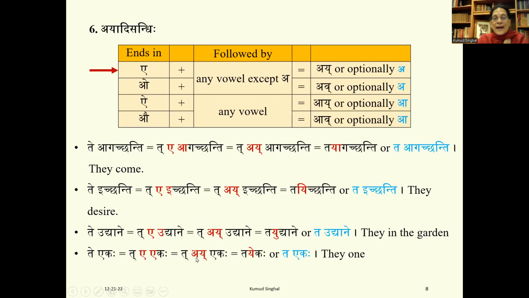Again I, and it will be tayekah or ta ekah. One thing to note is that in the optional forms, this te will be replaced by ta, which is much easier to remember. And in the other forms, it will be ya, yai, you, ye, depending on which vowel it is.